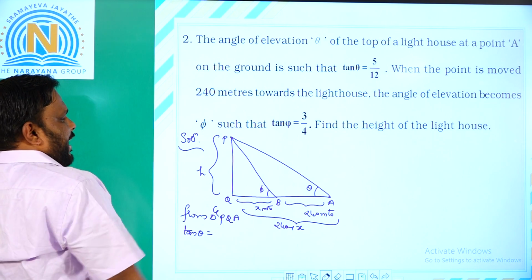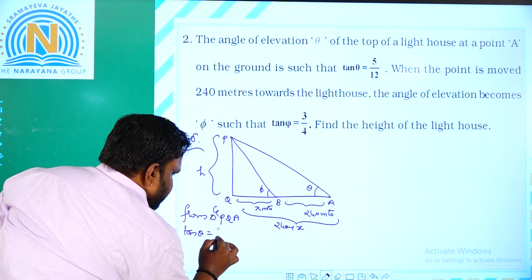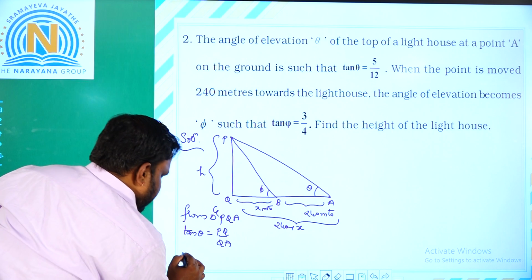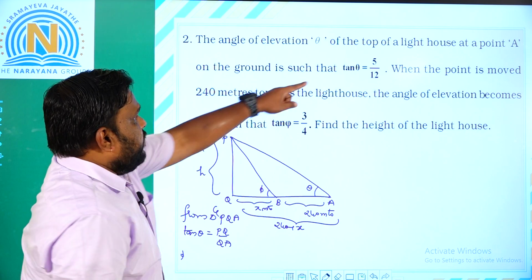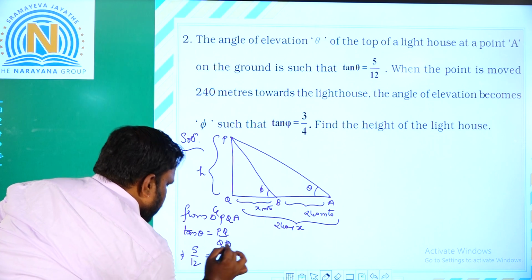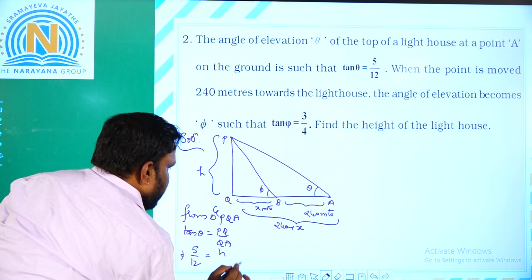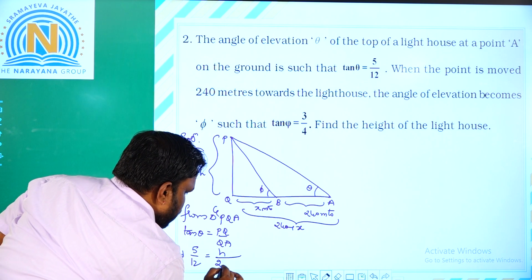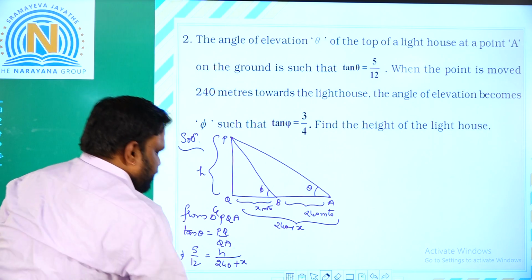So from here, tan theta is equal to PQ by QA. Right. So what is tan theta given for you? 5 by 12. So 5 by 12 is equal to PQ, which is h, by QA. What is QA? QA is 240 plus x.